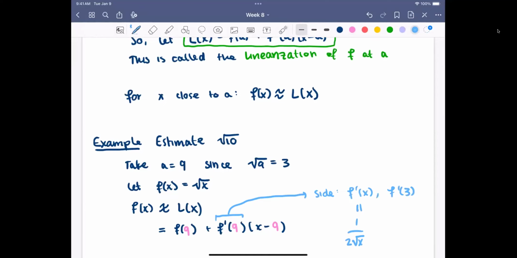You can think of this as x to the 1/2, and then use the power rule. So using the power rule, you would get 1/2 x to the -1/2, which is why you end up with this in the denominator. Does that make sense?